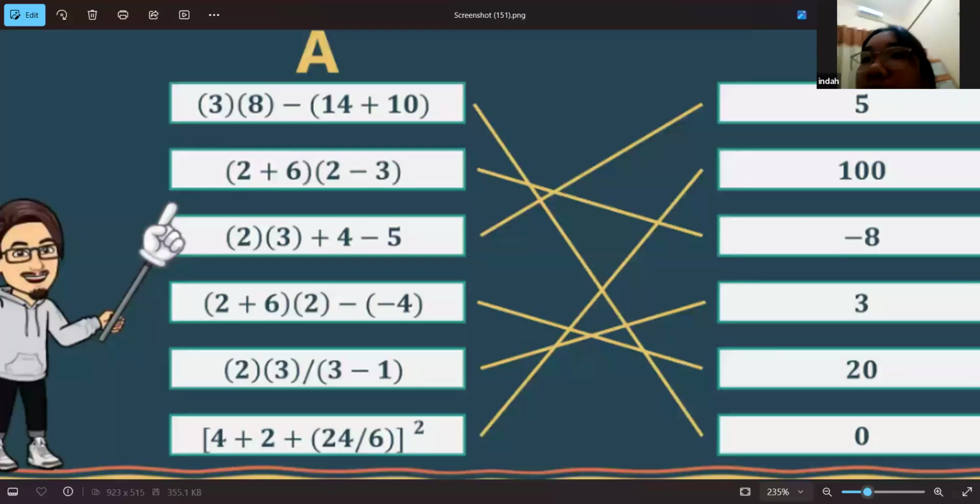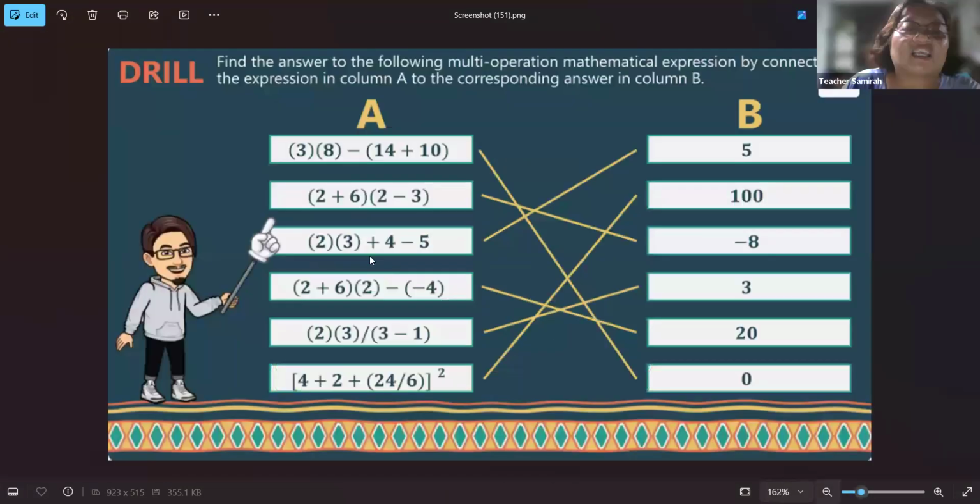Sorry. Okay, this one. So look at this. Look at the parentheses. If there are two parentheses and there is no operation between the two parentheses, this is what you call multiplication. Okay?